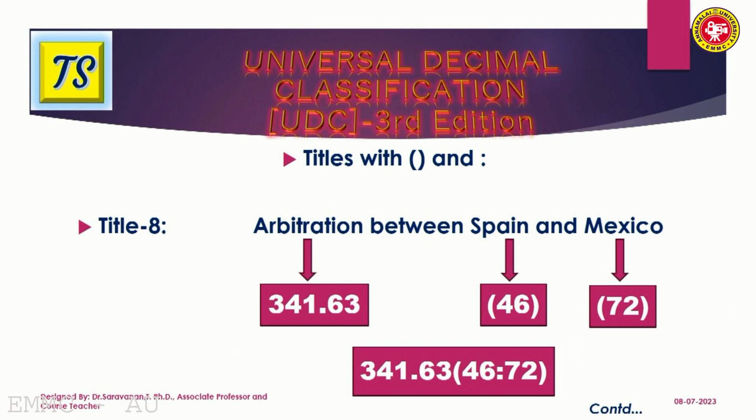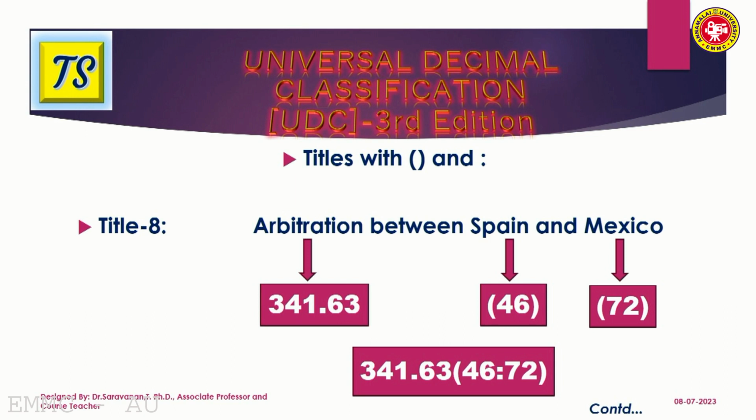The places have been connected using the colon, not plus, because this title reflects an internal relationship. That's why I previously said you must focus on the title, try to grasp the essence of the title, what it actually communicates, whether a relationship exists in the title or not.